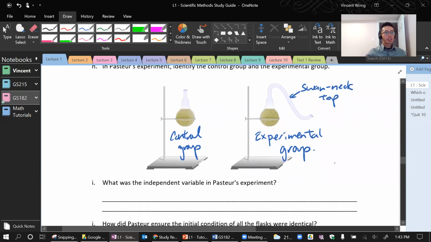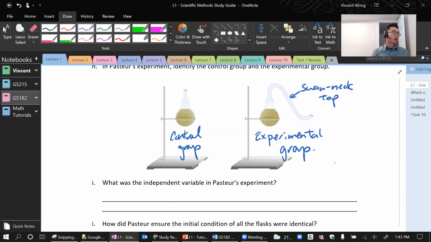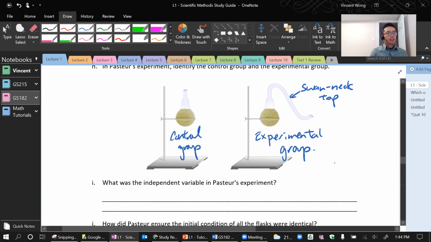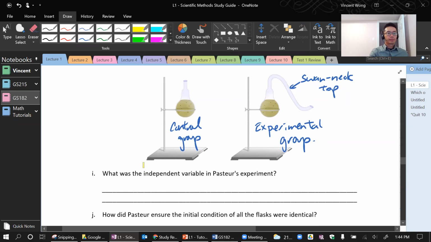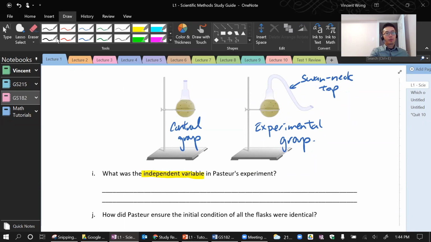So let's try that one more time. What is the independent variable in this experiment? The independent variable is the one that you're in control of.